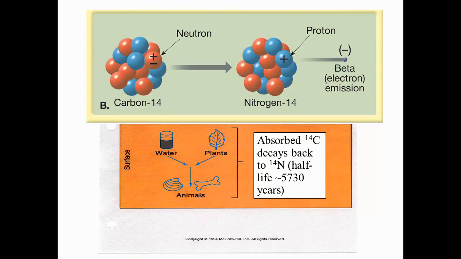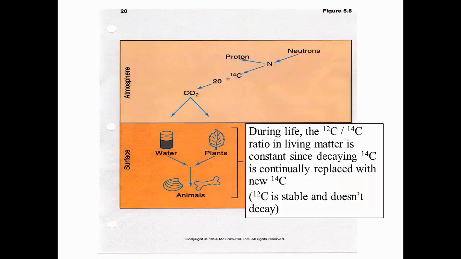And it does so through beta emission. So you see in this figure that in carbon-14, one of the neutrons will kick out a beta particle and convert to a proton. And in this way, carbon-14 changes back into nitrogen-14. This is a very short half-life, 5,730 years.